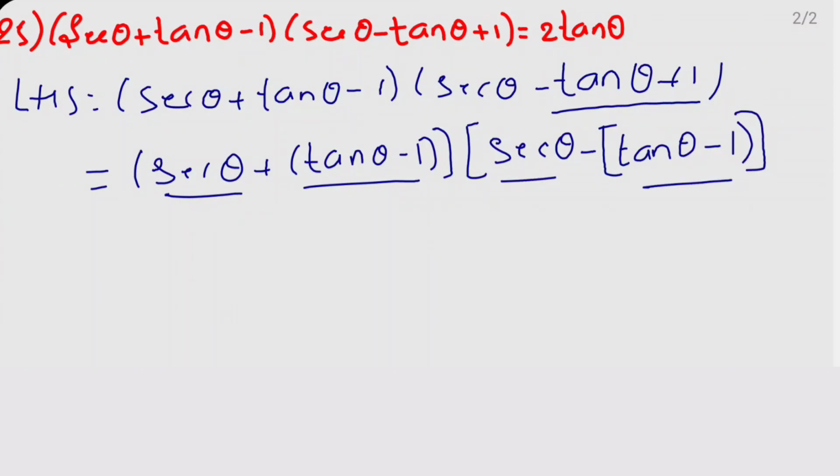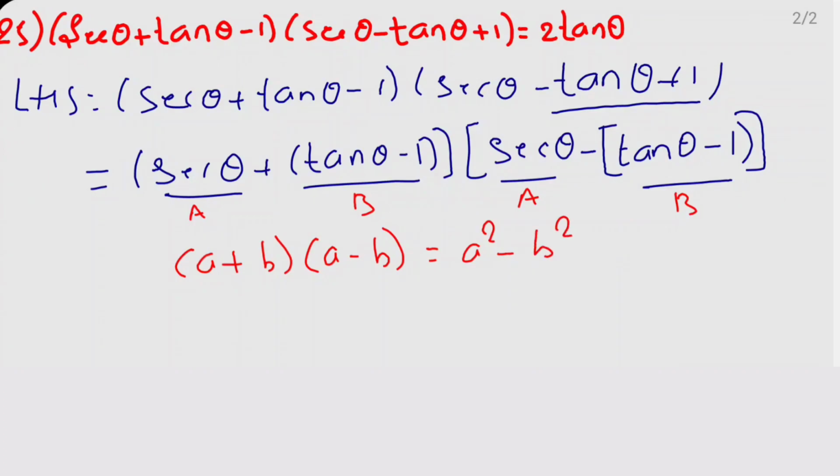Observe here is sec theta plus tan theta minus 1, and here sec theta minus tan theta minus 1. So I will consider this one as A and this one as B, and similarly here A and here B. So it is in the form of (A + B)(A - B), right? Its expanded form is A square minus B square.